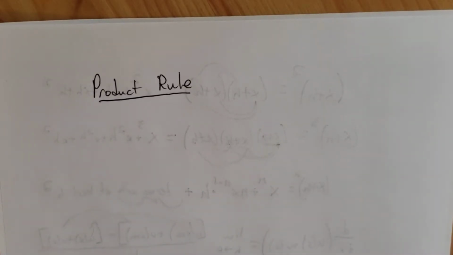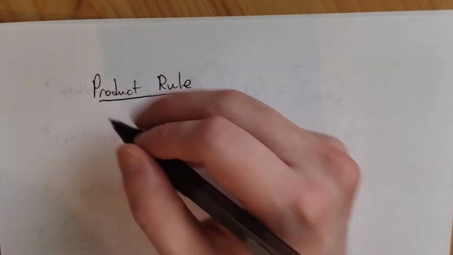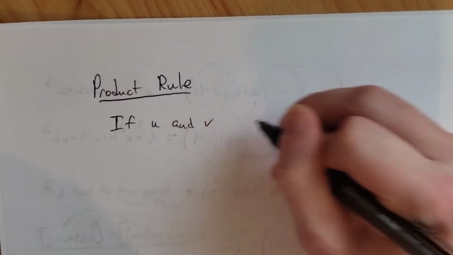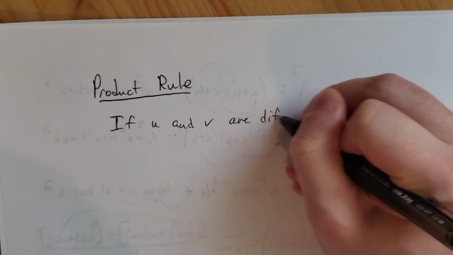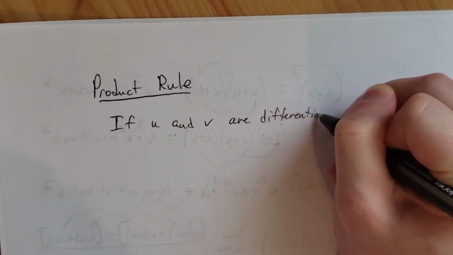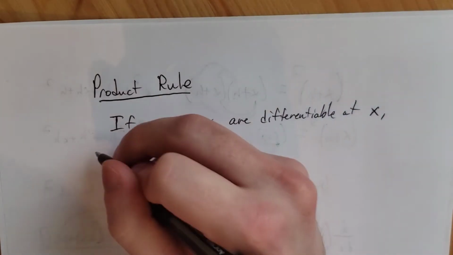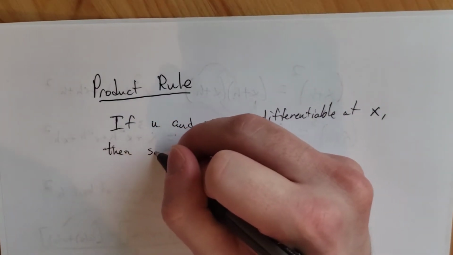In this video, we're going to continue with our differentiation rules, and we're going to start with something called the product rule. So if u and v are differentiable at x, then so is their product.